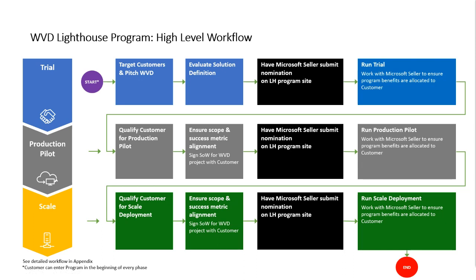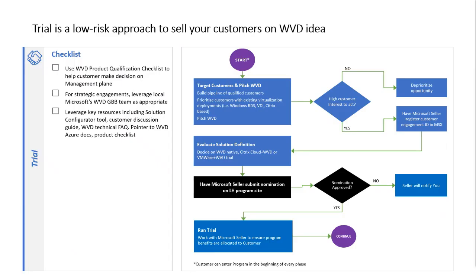But if you do get into the scenario where you're building a situation, I'll talk about that later, the scale phase is a 500 seat target. We'll talk about that in a later slide. But the trial is a low risk approach to sell WVD to the customer.